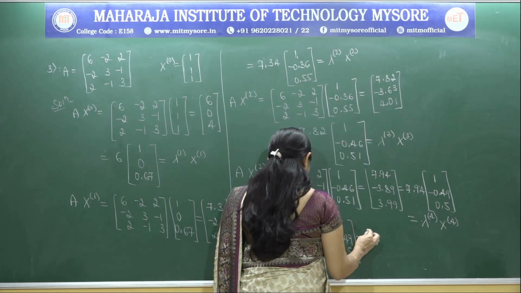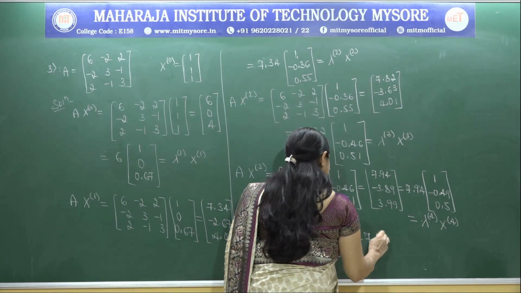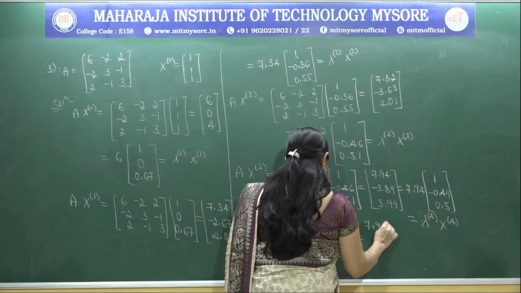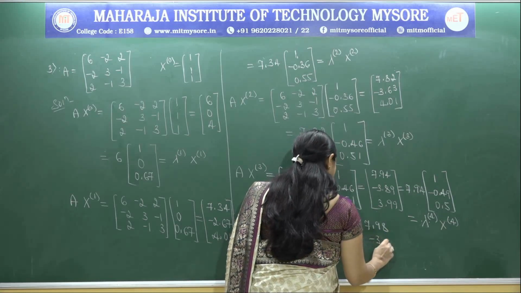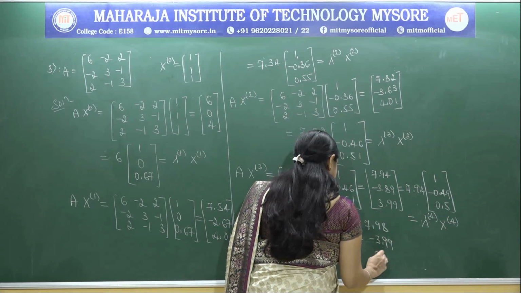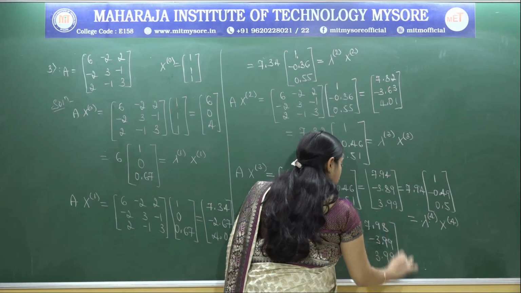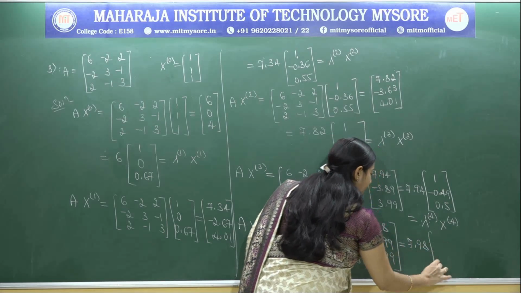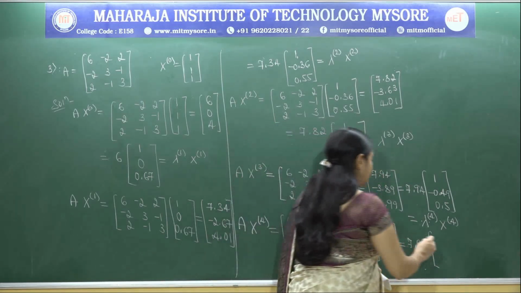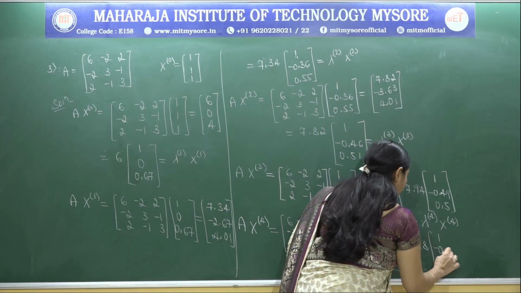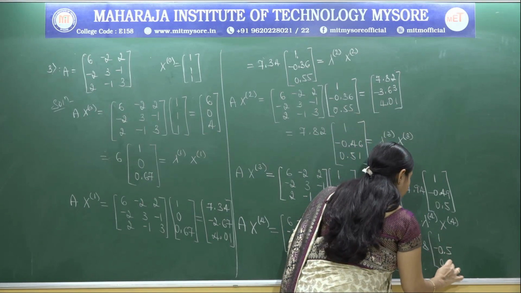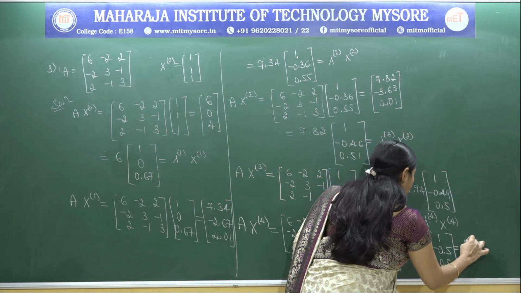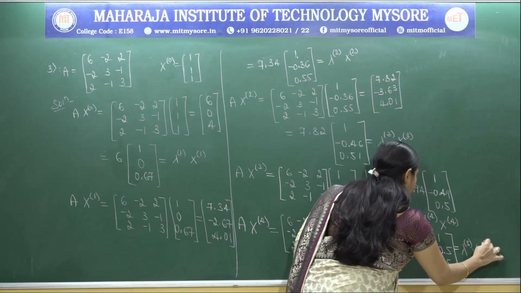You take the matrix multiplication, you will get 7.98, minus 3.99 and 3.99. So in this, 7.98 is the largest entry. You take that as a common term. The first term you will get 1, second term is minus 0.5, third one is plus 0.5. It is denoted by lambda of 5 with x of 5.